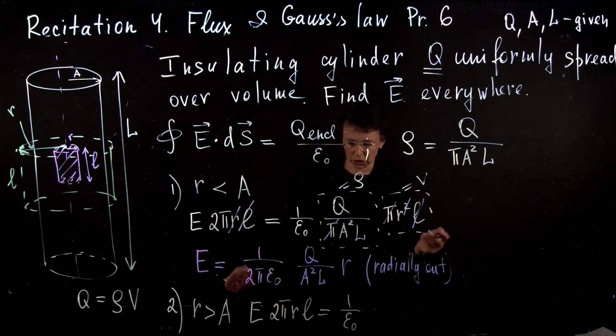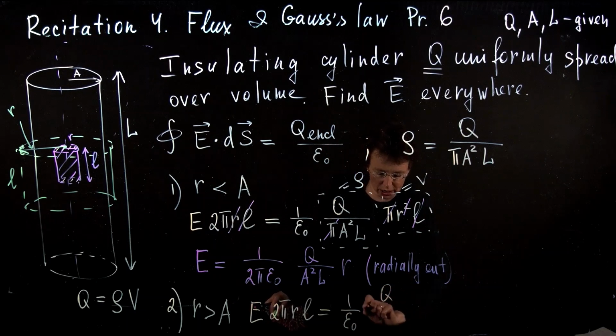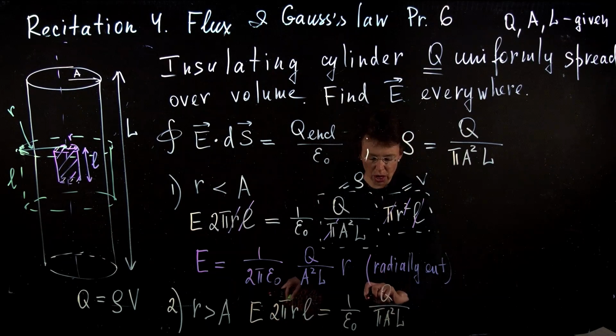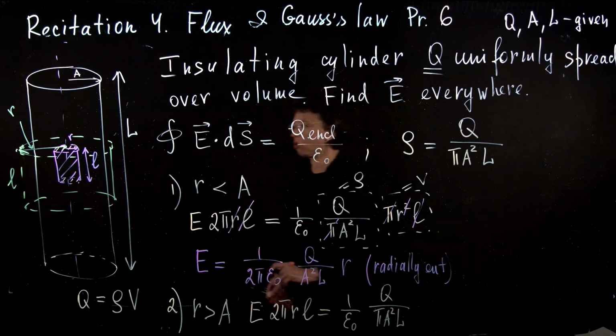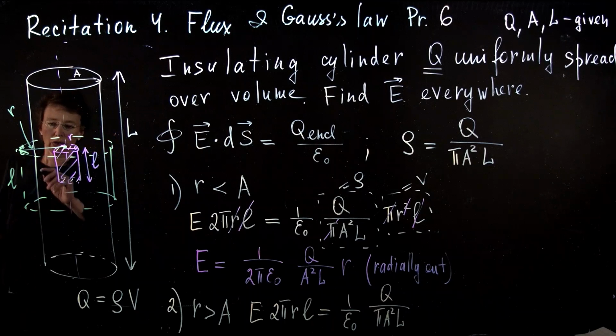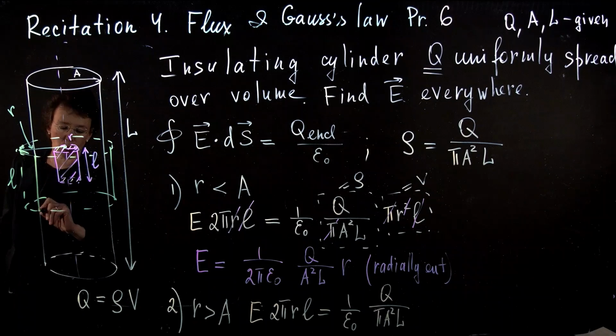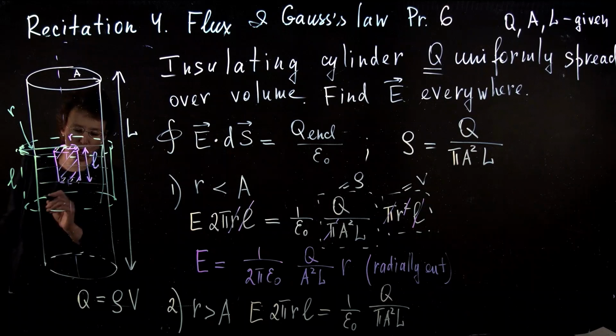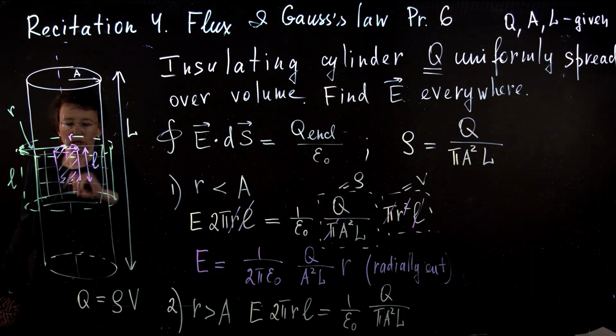Rho is unchanged. It is the charge divided by pi A squared L. And then the volume of the charge enclosed. But where is the charge? The charge is just within radius A. This is the volume with the charge.